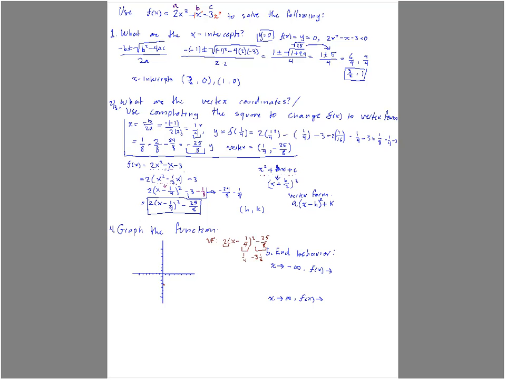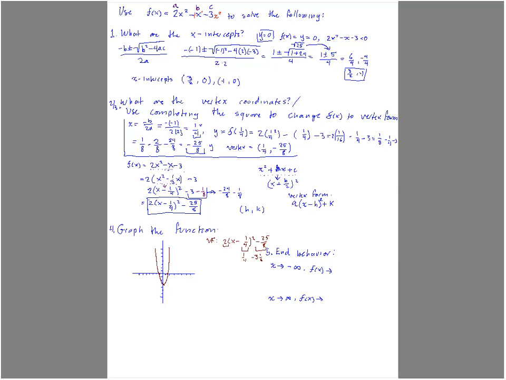I apologize. So this would be -1. All right. So now you have an x-intercept here and an x-intercept here. So when you draw the parabola, you have to make sure it passes through those points. And that's how you do that.